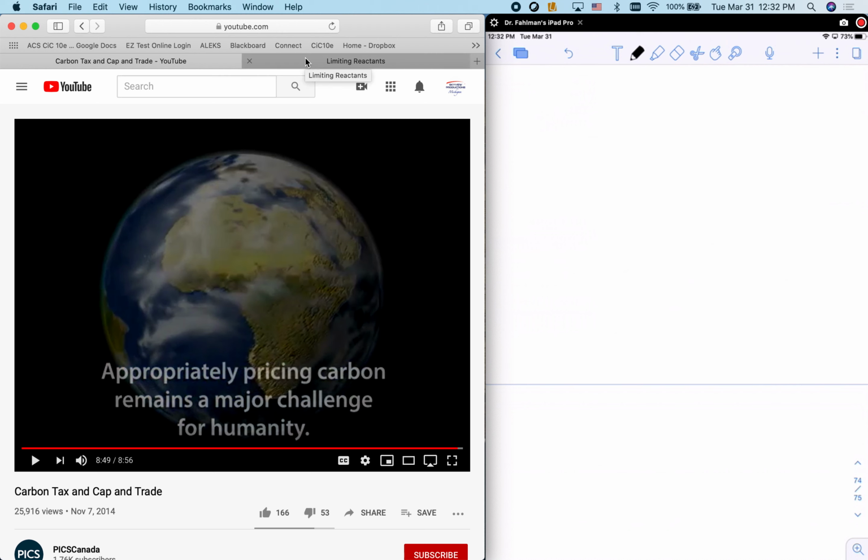Okay, so I think the cap and trade system has a great potential for limiting how much CO2 is produced by companies. So, for instance, battery companies that are making these batteries for electric vehicles.